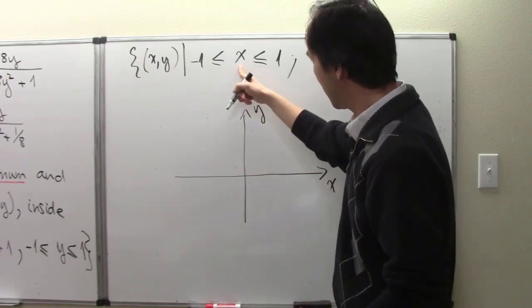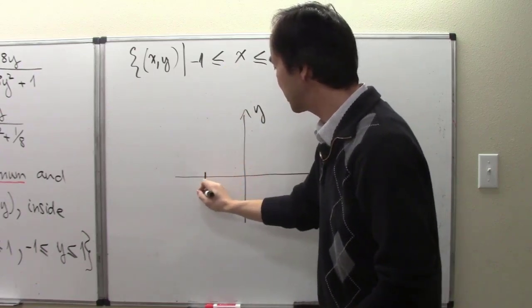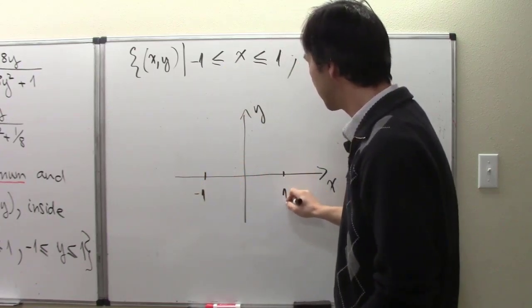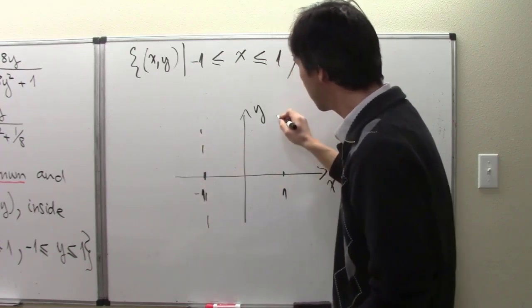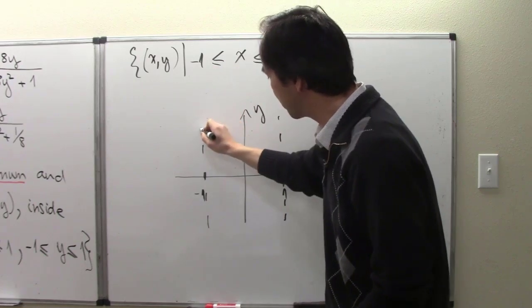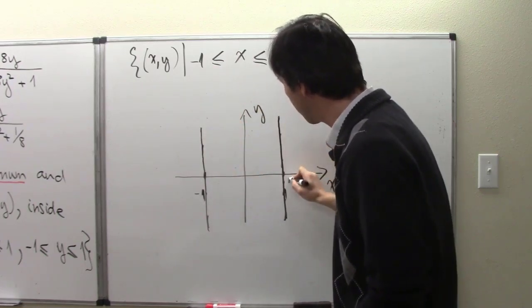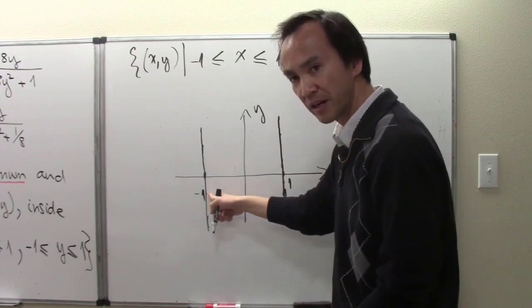Then x values are anywhere from -1 to 1. -1 could be here, 1 could be here. And so we've got a region. But we do include the two ends, which means it's solid lines here, the two vertical solid lines, parallel, going from -1 to 1.